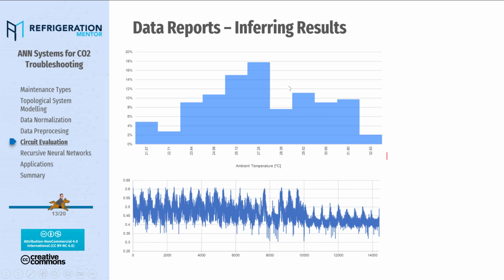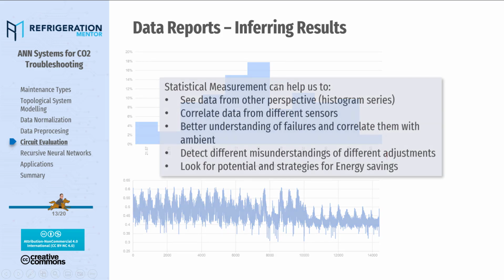Finally, these statistical measurements can help us to see data from another perspective. For example, the histogram series, correlating data from different sensors, having a better understanding of failures and correlating them with ambient temperature, and detecting and looking for potential strategies for energy savings.